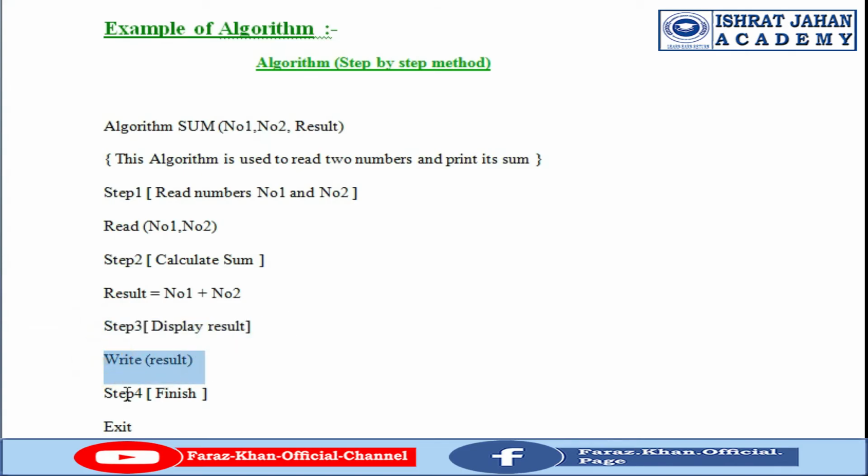Write result. Step number 4, finish and then exit. So here is the technical example of algorithm. How to code that algorithm we will study in future. How to code that algorithm in C++ or C# or Python, etc. Right?